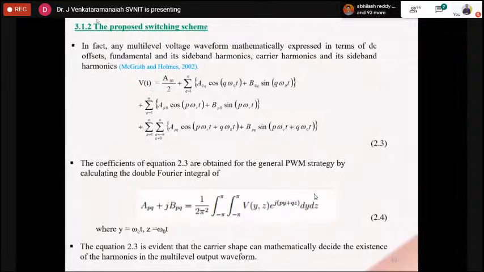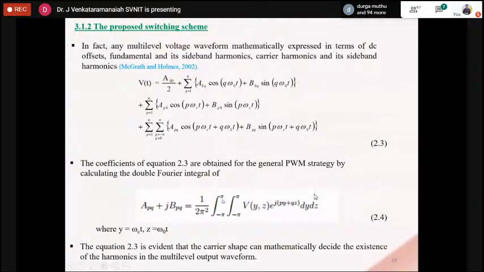This component is the average component, which should be 0 in general, and this component is contributed by the reference waveform, and these two components are contributed by the carrier waveform. So the carrier waveform also decides the harmonic quantity in the output voltage waveform. That's why we have to concentrate not only on the reference waveform, but also on the carrier waveform. I will skip this one.